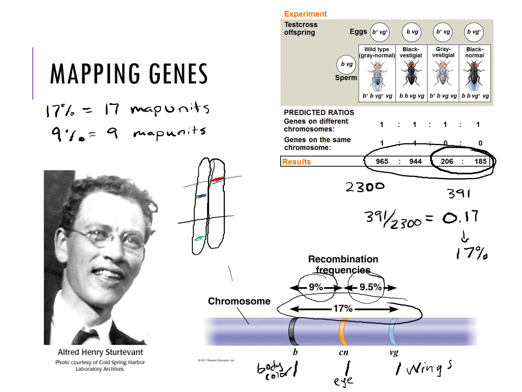So the higher the likelihood of crossing over, like 17, the farther away they are. The smaller the chance of crossing over, like 9, the closer they are to each other. Okay, and map units actually have a very specific unit associated with them. They are centimorgans. So this would be 17 centimorgans, in honor of Sturtevant's graduate advisor, Thomas Hunt Morgan.